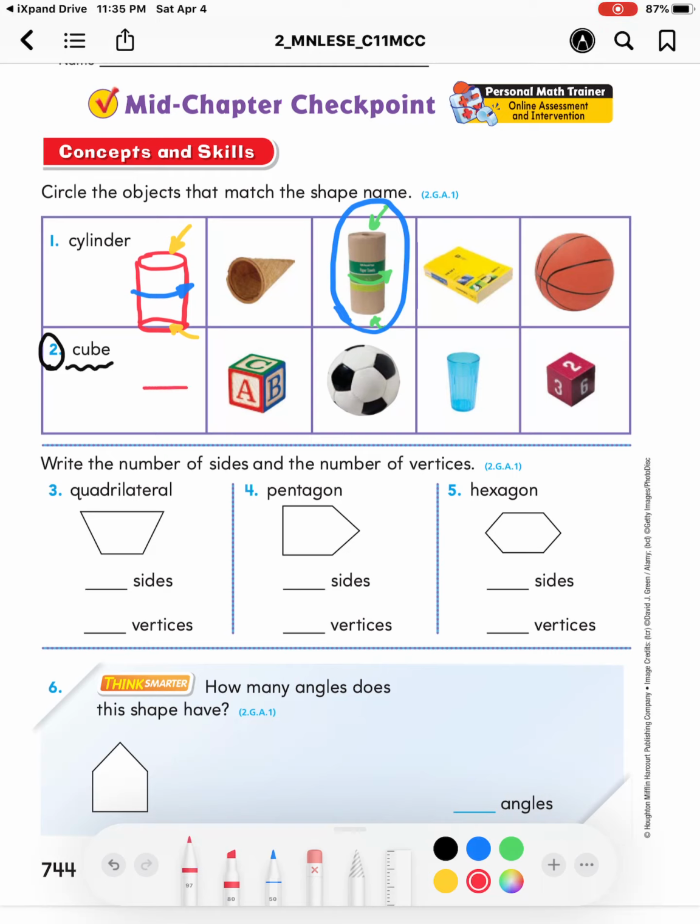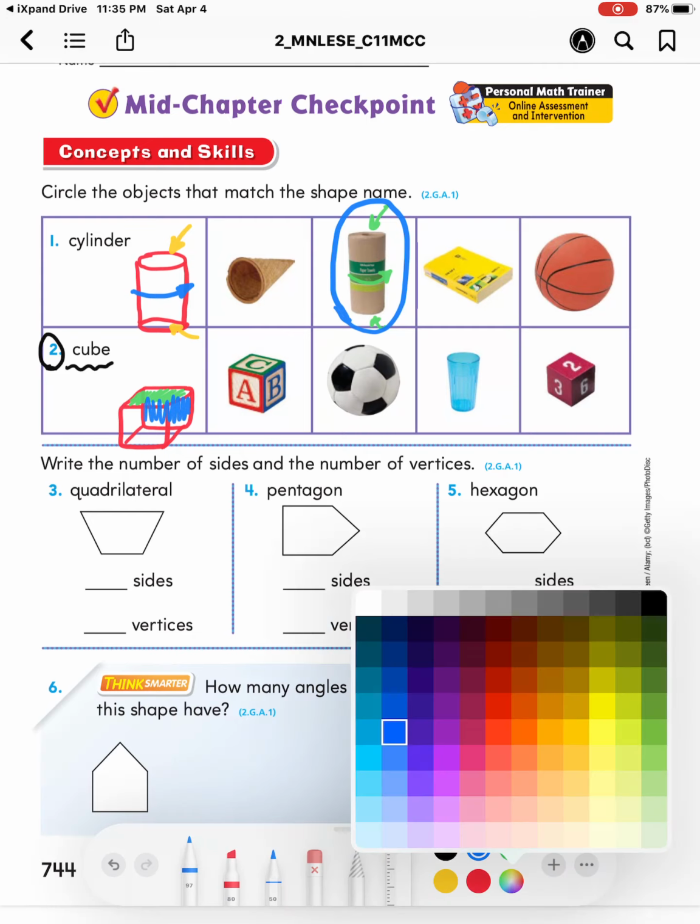So, we have this one here, and here, then we have this. Okay, now let's count how many faces, okay? This is number 1. This is number 2. This is number 3.